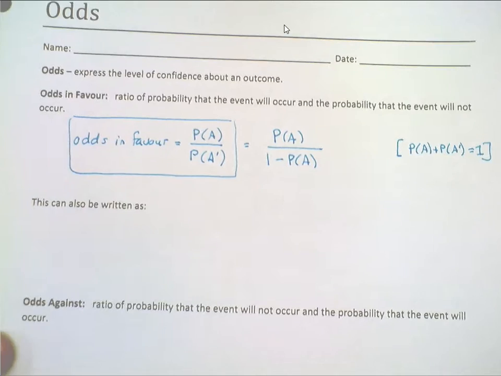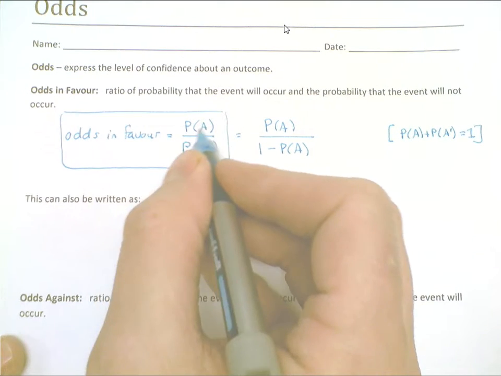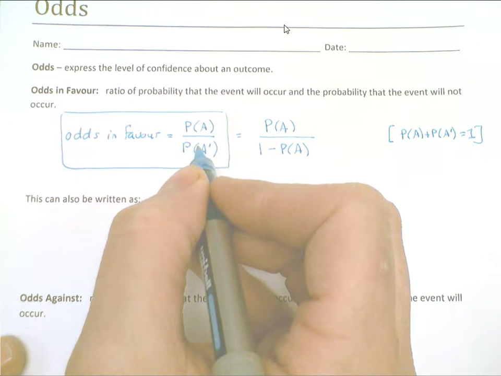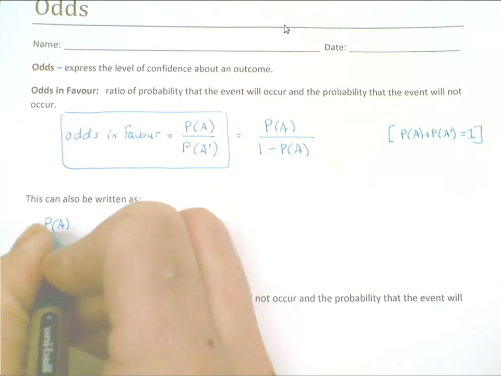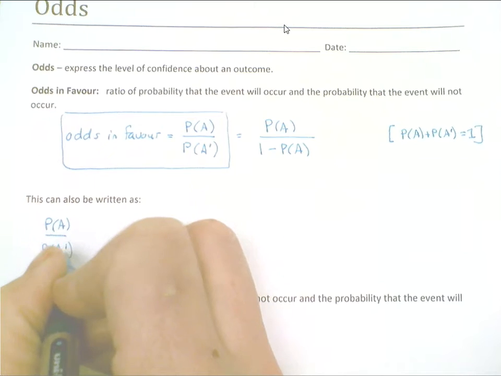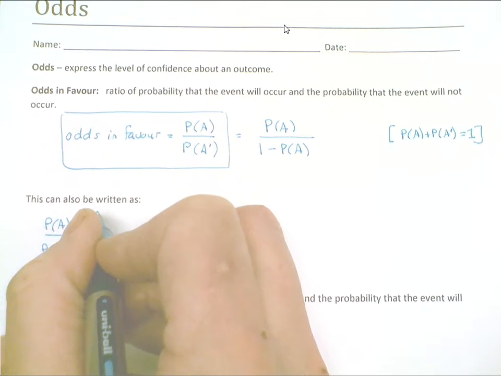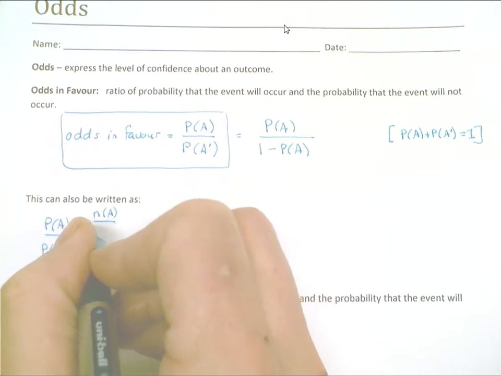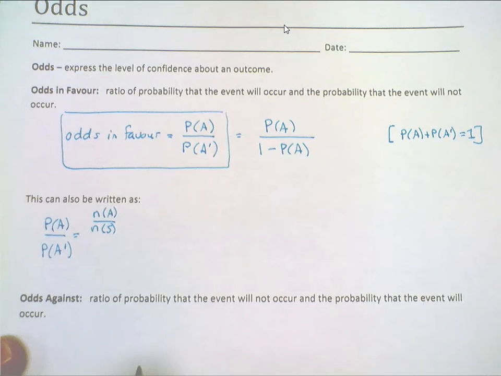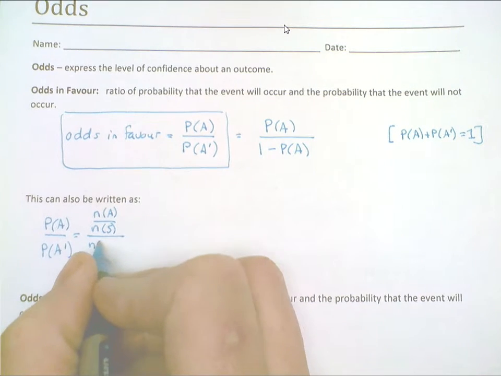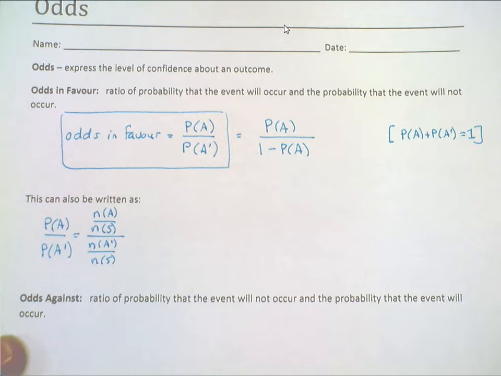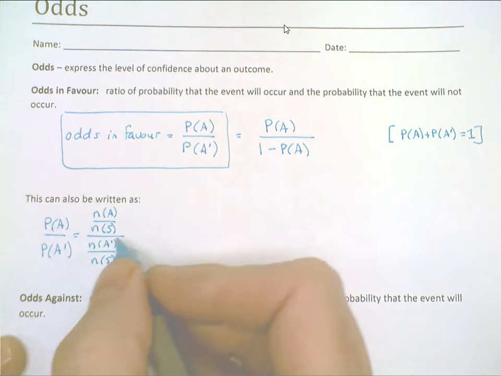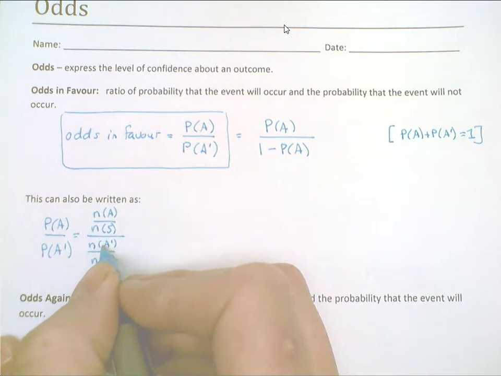Now, since this is a ratio, you're going to notice something happens here. If we have P(A) over P(A prime), this just says in how many ways does A happen over the total set of possibilities, and how many ways does A not happen over the total set of options. So it's always some number over the total, and the complement of that over the total.